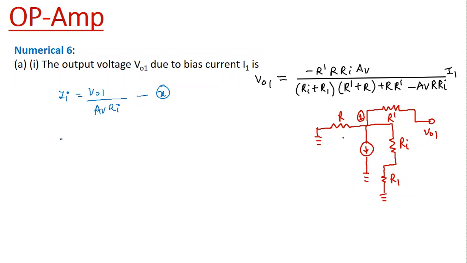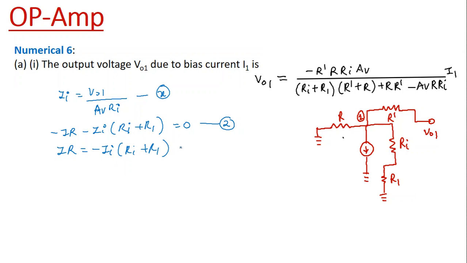Now we have to put equation number X in equation number 2. Our equation number 2 was minus IR minus II into (Ri plus R1) is equal to 0. From this equation we found IR is equal to minus II into (Ri plus R1).